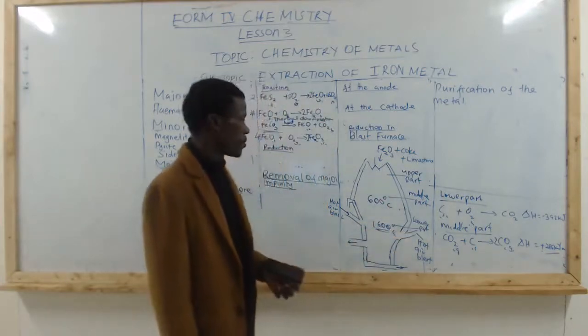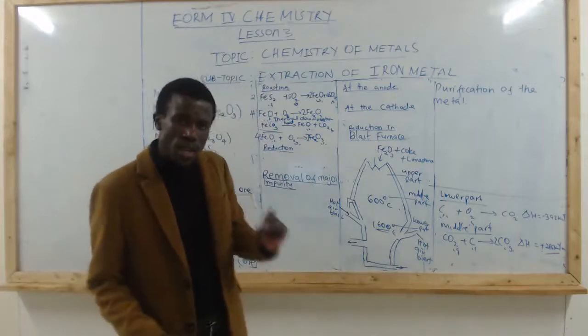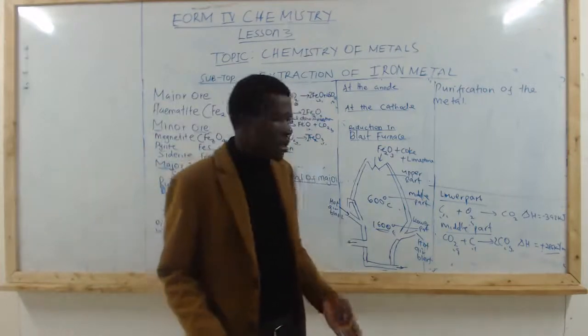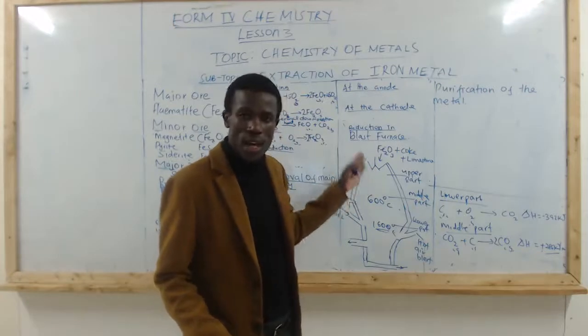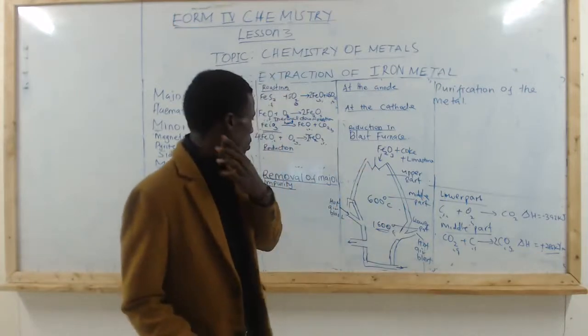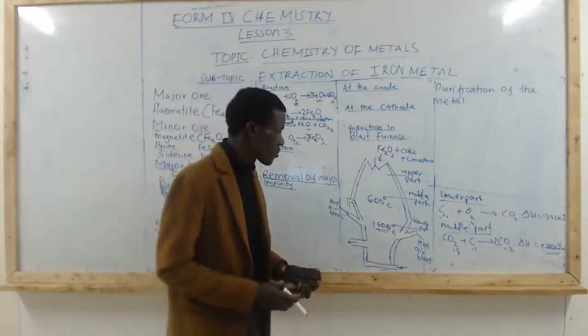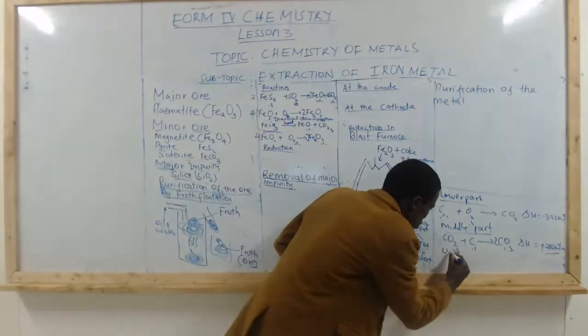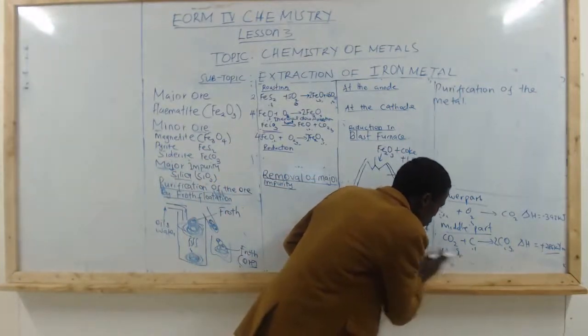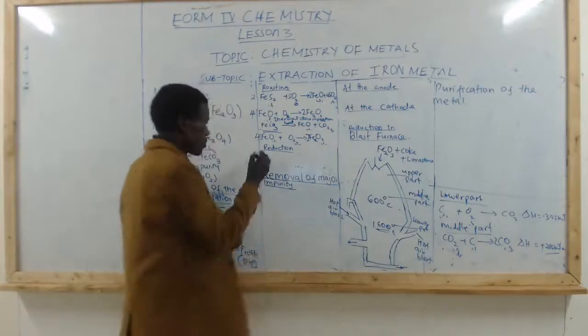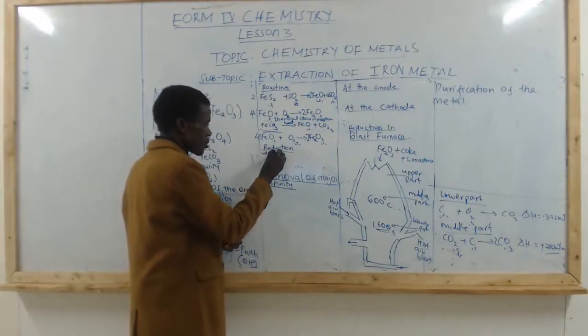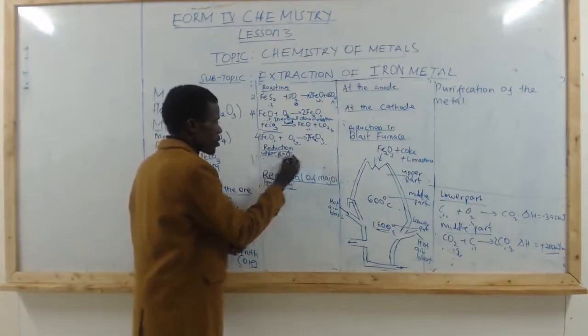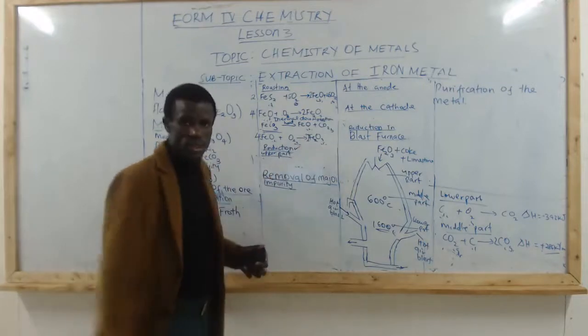Now, carbon 2 oxide gas produced goes to the upper part. In the upper part, reduction occurs.